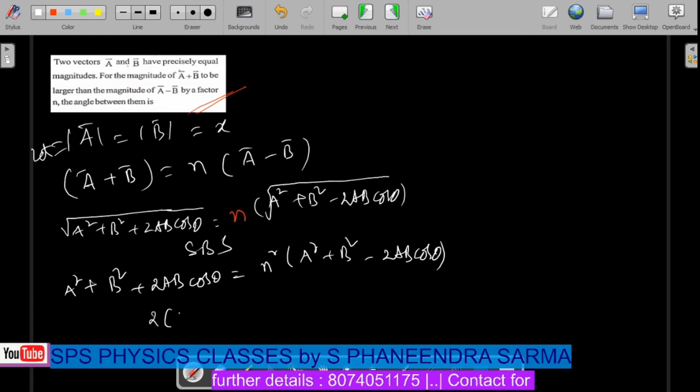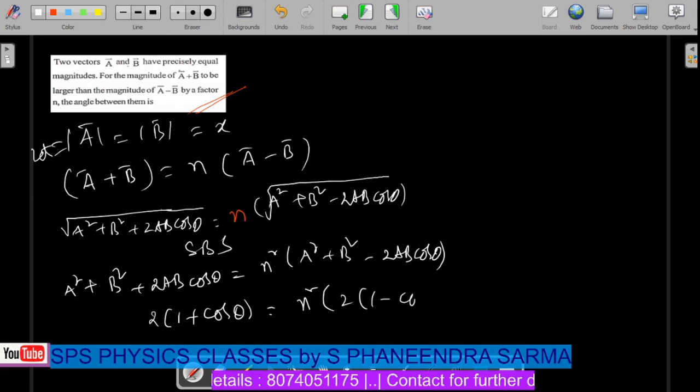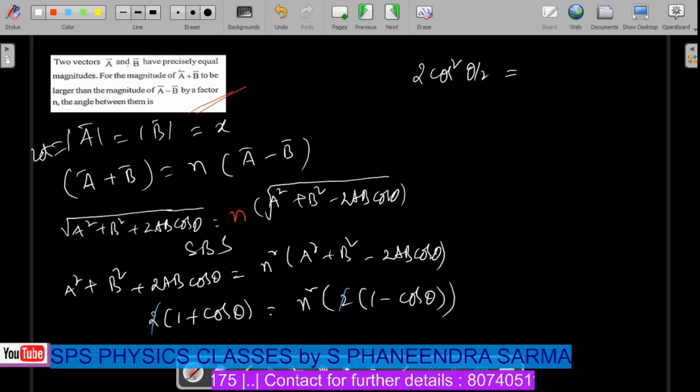Then the final step is 2 into 1 plus cos theta is equal to n square of 2 into 1 minus cos theta. We can write down here. Now 2 and 2 cancel on both sides. Then further we can write 1 plus cos theta as 2 cos square theta by 2, and 1 minus cos theta as 2 sin square theta by 2.